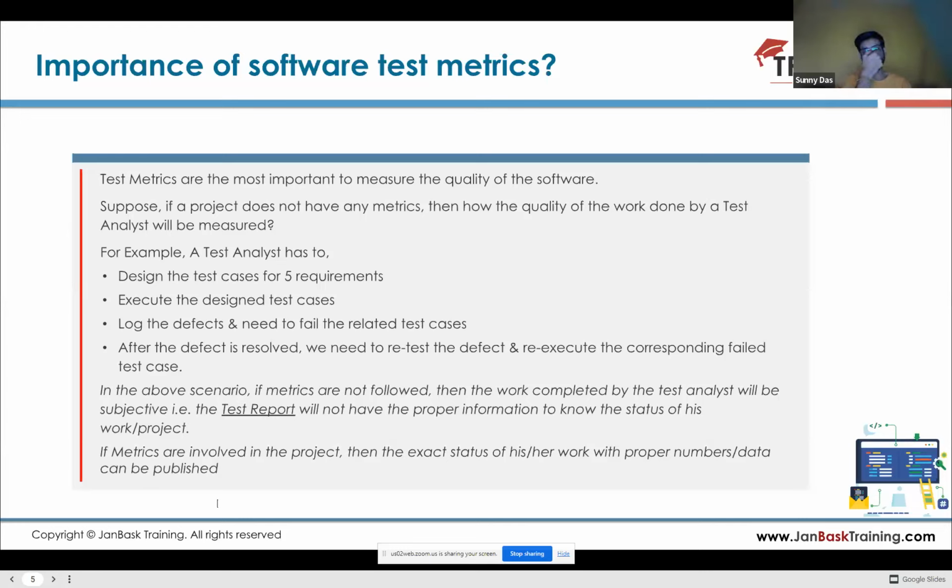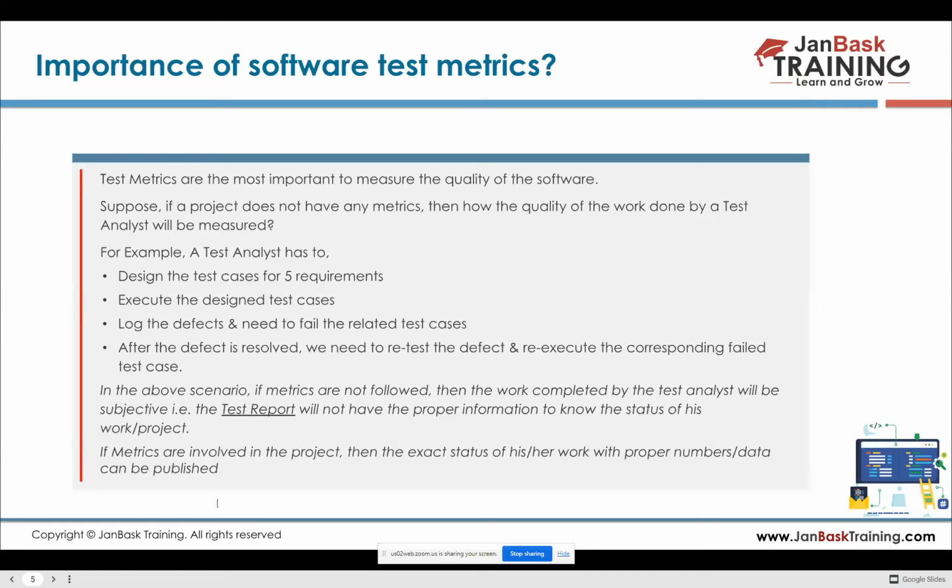If you are not getting any bugs in those extra 10 test cases, that means the estimation is pretty much the same, because only those 5 test cases failed. But if you are getting more bugs, that means more test cases are going to fail, so you'll need more time to execute those failed test cases.